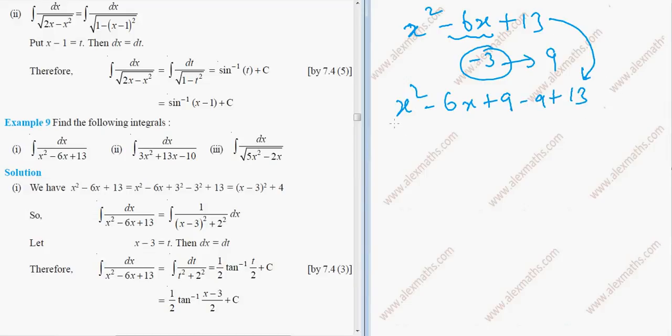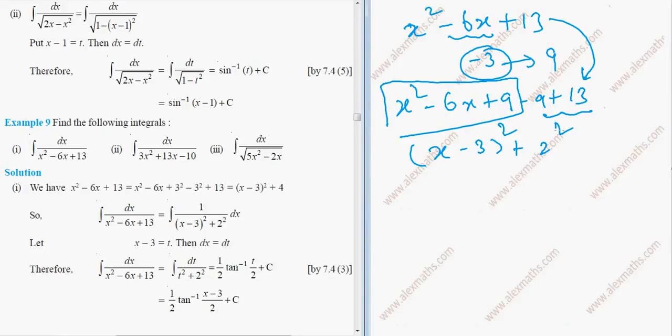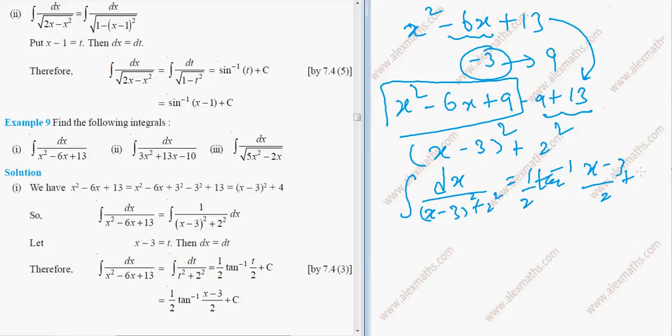This is the procedure. Now this whole thing will become x minus 3 whole square, then these two will become plus 4, which is 2 square. Then I can apply those 6 formulas which we were discussing. That will become dx by x minus 3 whole square plus 2 square, which is x square plus a square, which is 1 by a tan inverse x by a plus c.